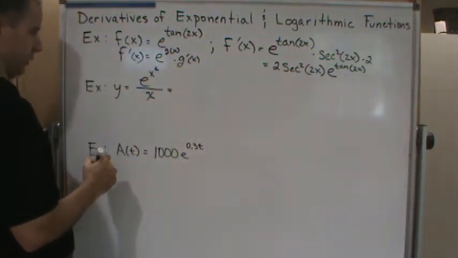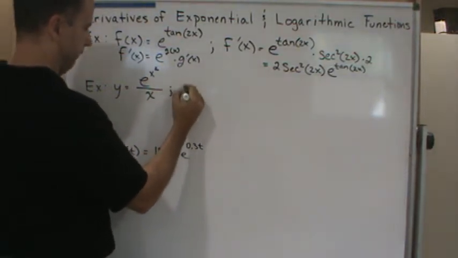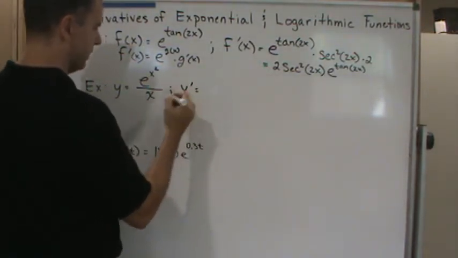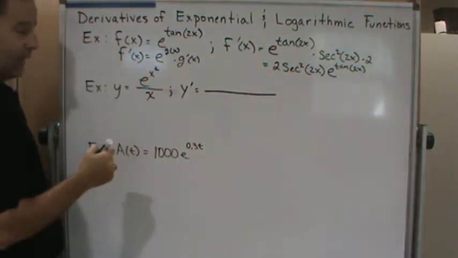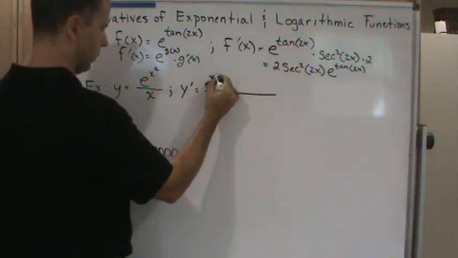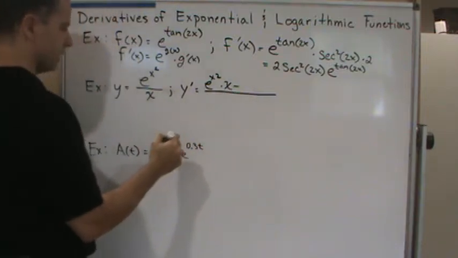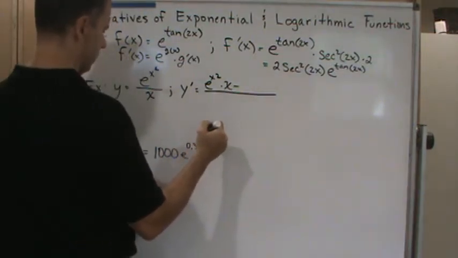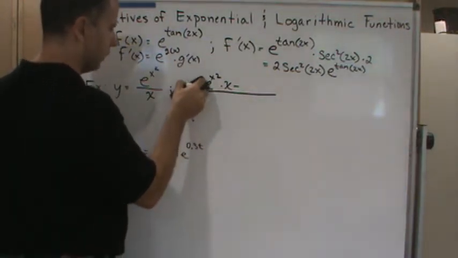Y prime is equal to, okay, it's going to be high D low, so e to the x squared times x minus, oh no, I got that wrong. Got it backwards.